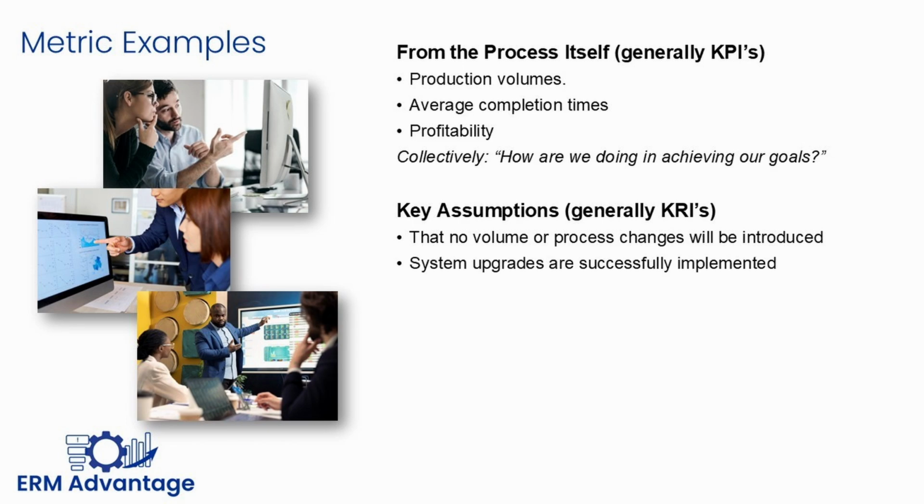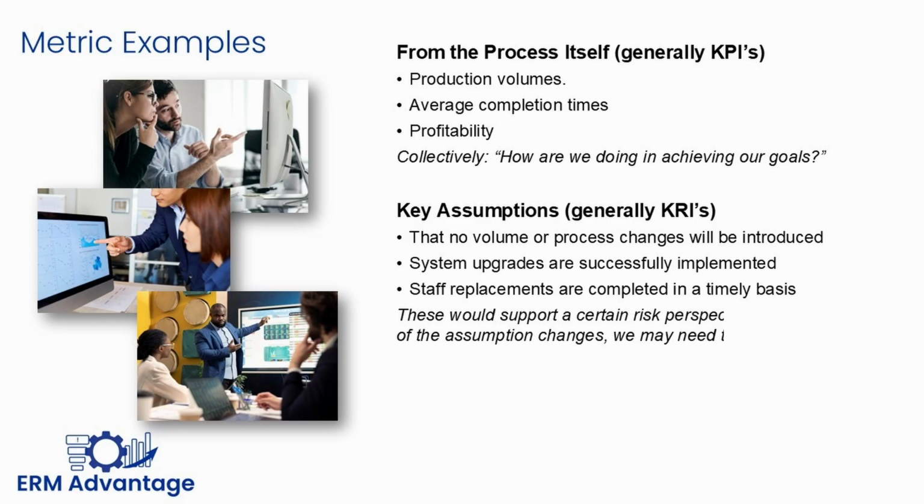Anticipated system upgrades are successfully implemented. Staff replacements will be completed on a timely basis. Again, these may support a specific risk perspective, but if the focus of the assumption changes, we may need to revisit that view.